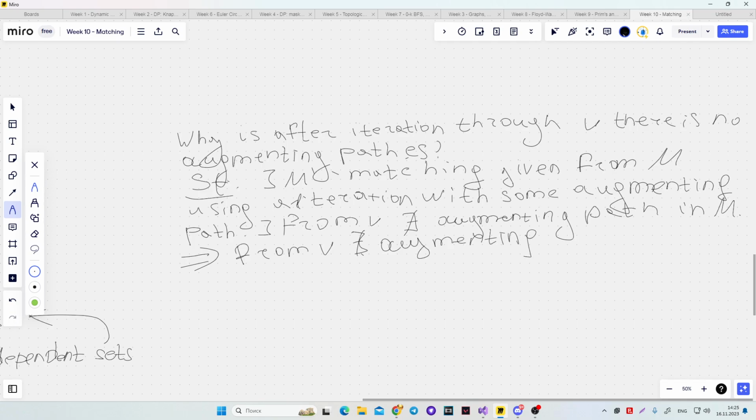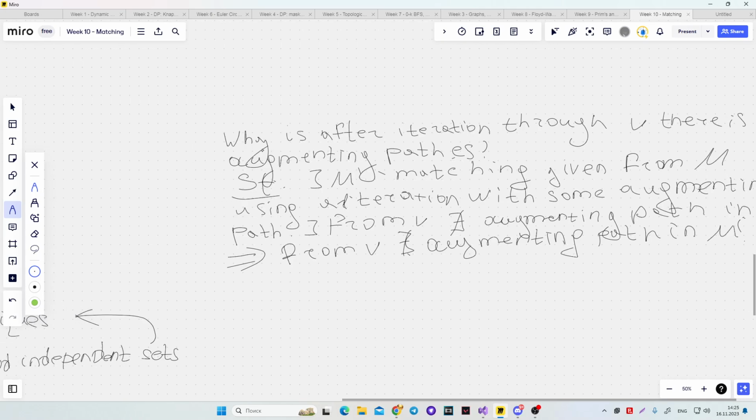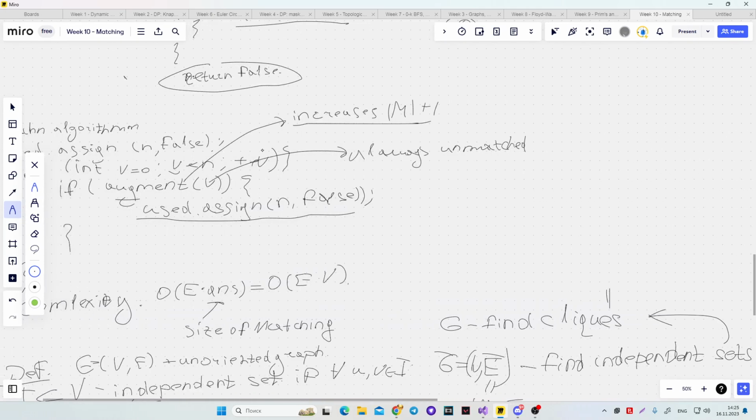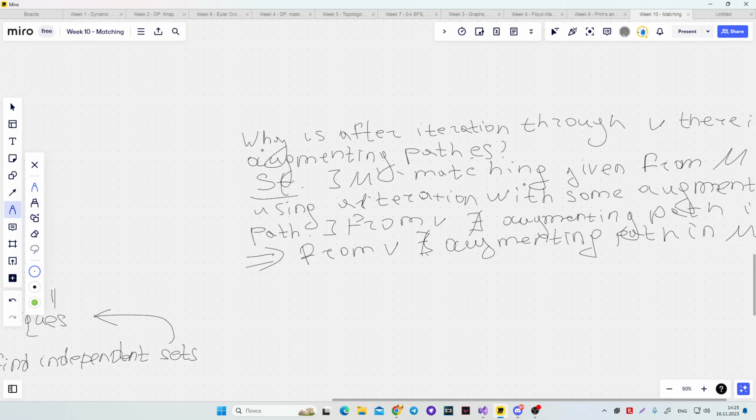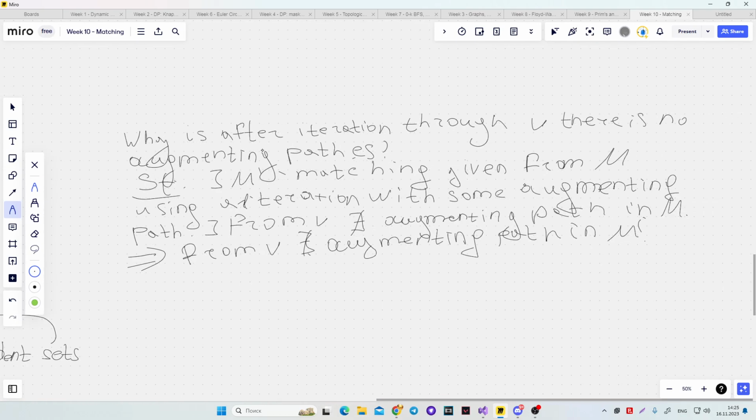If we prove the statement, we prove that if we consider this order, we always consider unmatched vertices.